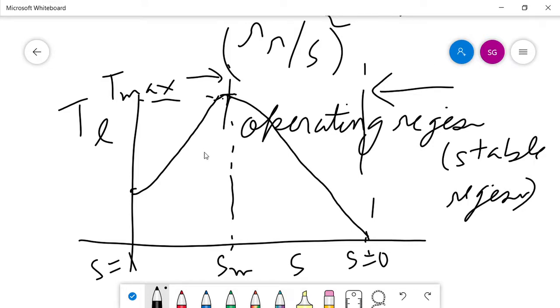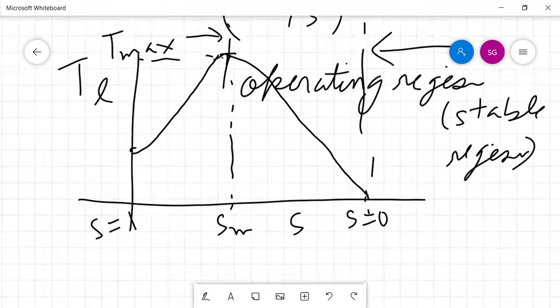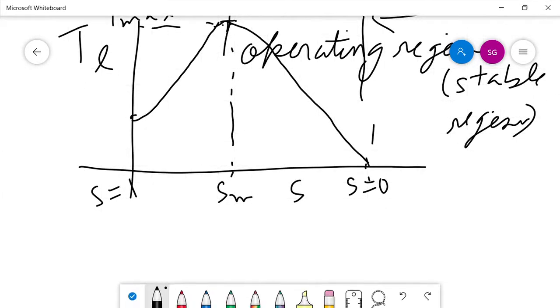Now, once we have developed this torque-slip characteristic, we can always have the torque-speed characteristic as well. Because at s equal to 1, we know that our rotary speed is equal to 0.